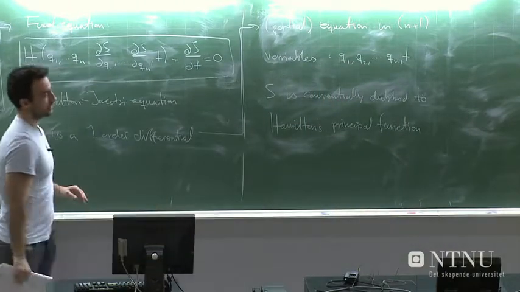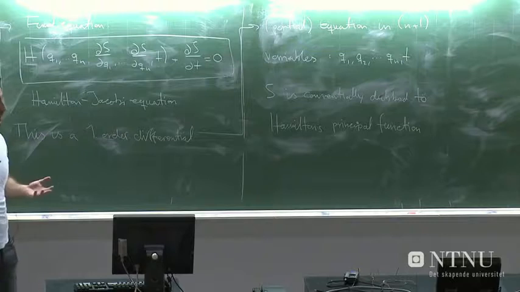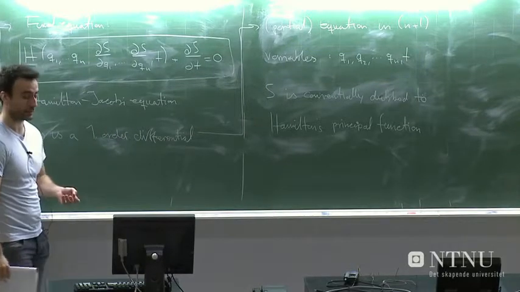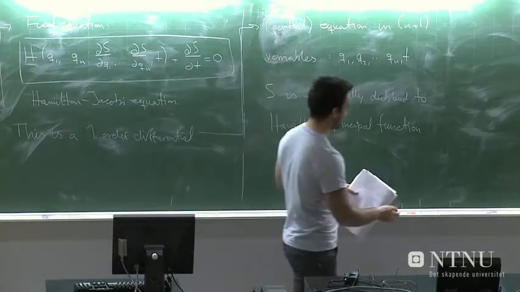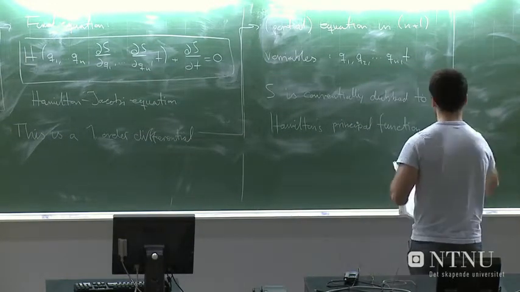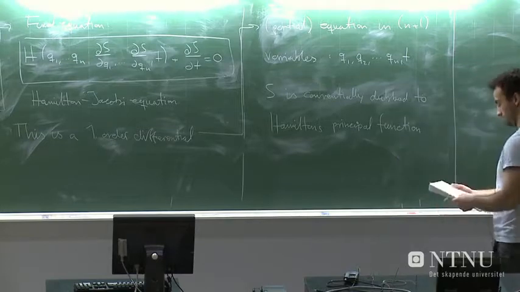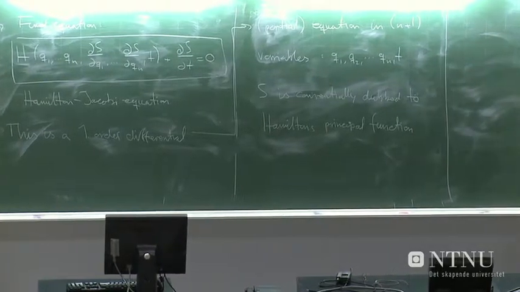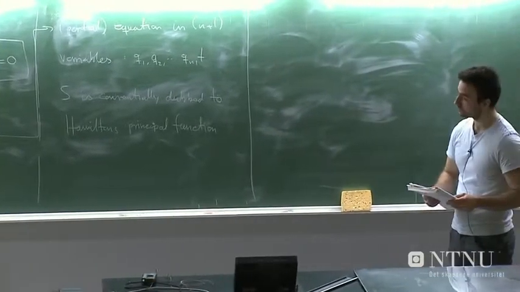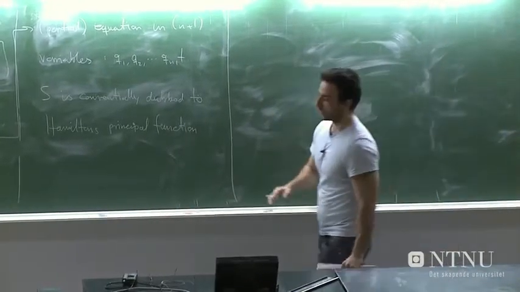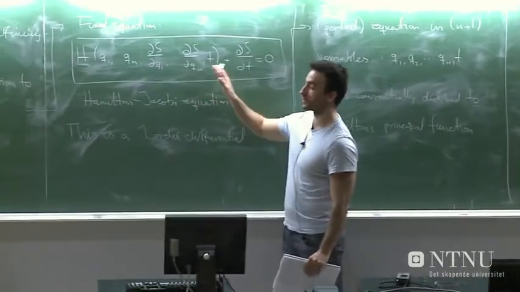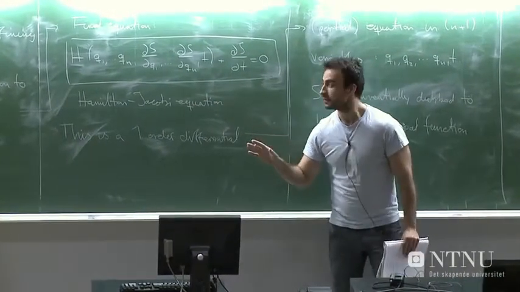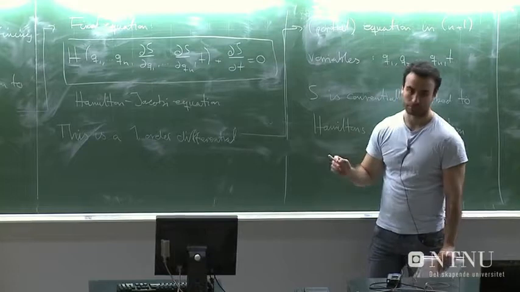This S is conventionally dubbed, in the literature, Hamilton's principal function. So what I would like to do now is to go through how we can use this equation to solve the system.